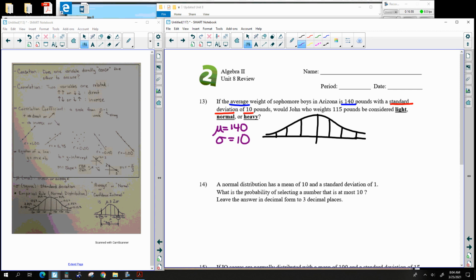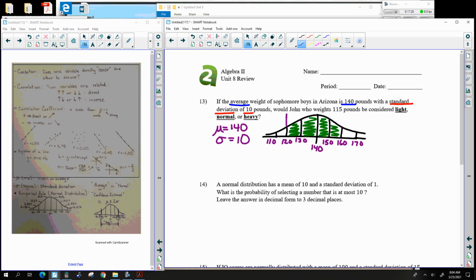So the average is 140, and each standard deviation is 10 pounds. So that'd be 150, 160, and 170. And then going down would be 130, 120, and 110.